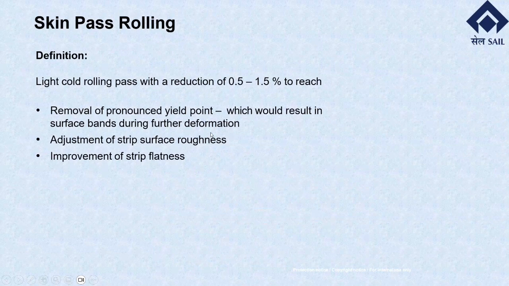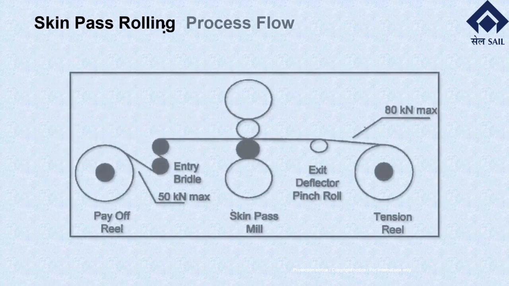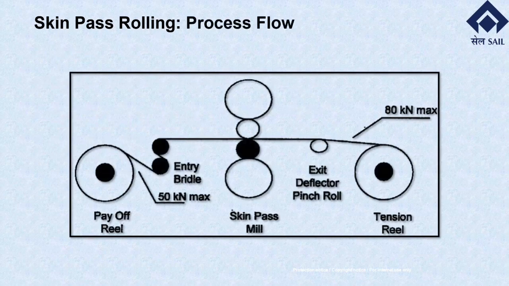It gives surface roughness, as we use rough rolls over there, and we also improve the flatness as we have a shape meter roll over there, which helps in improving our flatness. This is the flow of skin pass. It is a one stand mill, four high. As it has four rolls, we call it a four high mill.